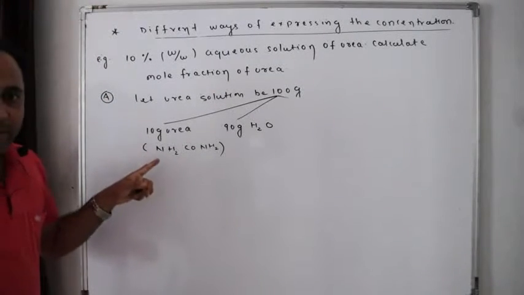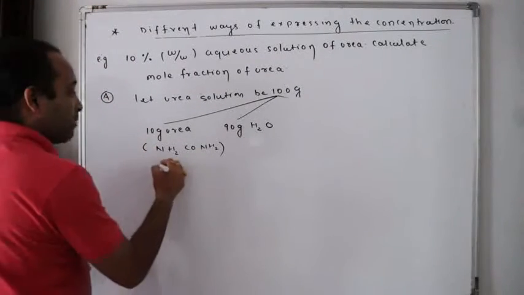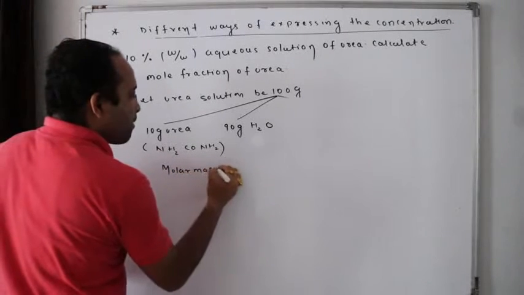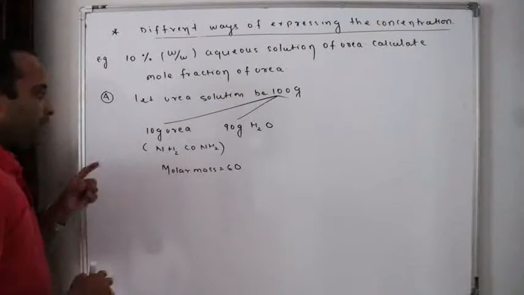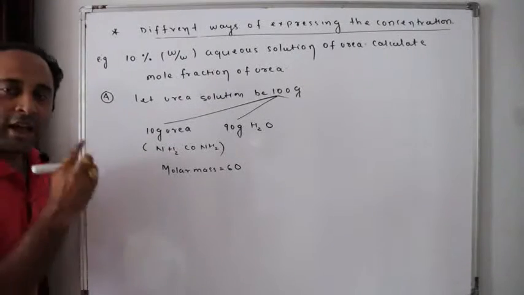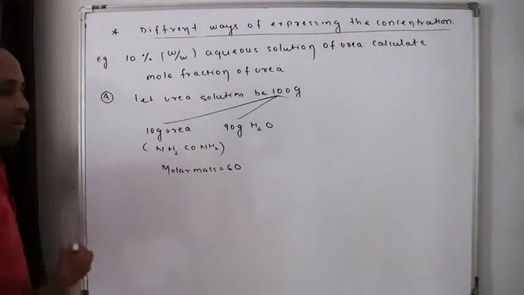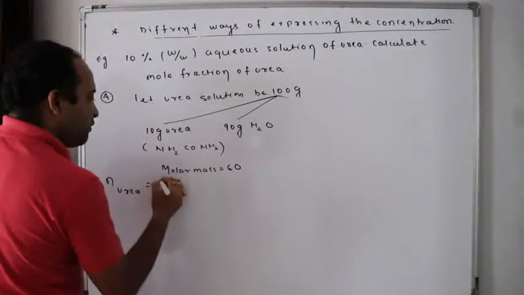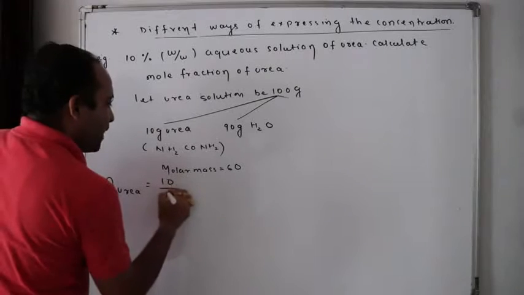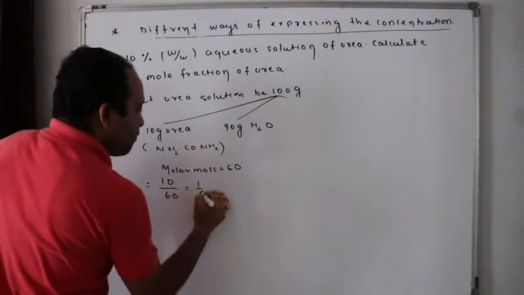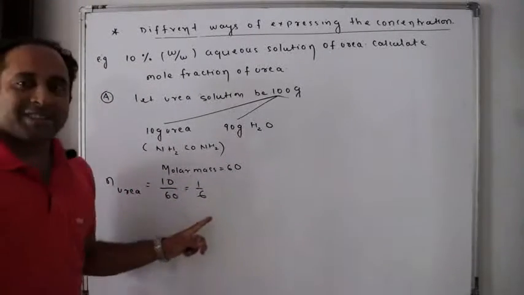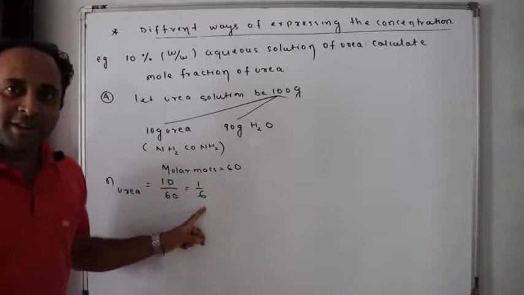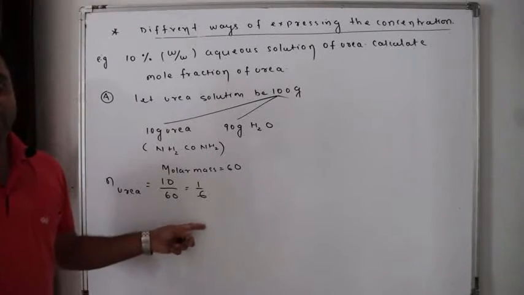Now tell me what is the molar mass? Molar mass is 60. Now tell me, 10 gram is given, how to find the number of moles? Number of moles of urea is 10 by 60, which equals 1 by 6. Did I get the number of moles of urea?